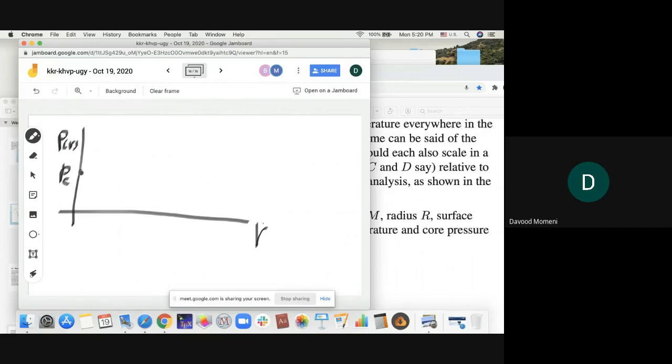Then it will change, and finally somewhere it will be 0, because after that you have the exterior region.